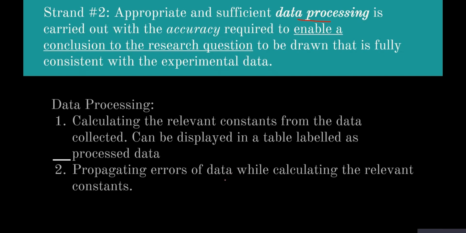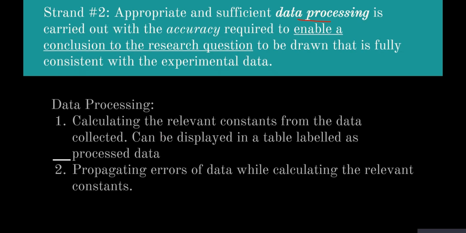In addition to averaging and calculating constants, the errors in measurements of raw data also need to be taken into consideration. So basically, there are two kinds of data processing: averaging and calculating constants from the collected data, and also the processing of errors.